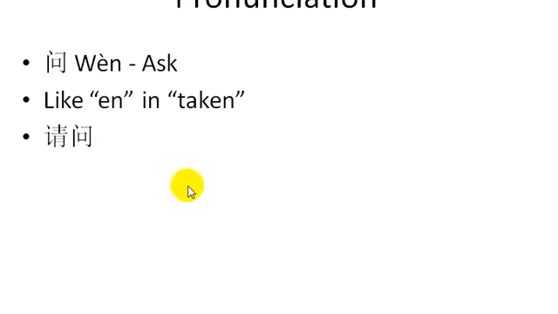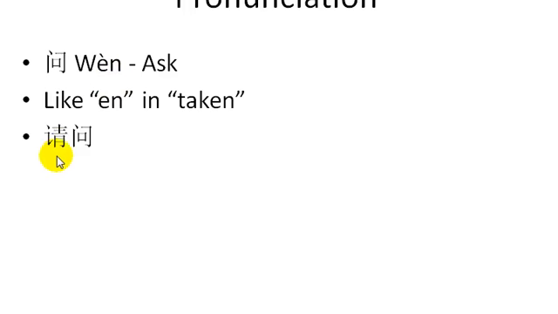Excellent. Next we have wen, which means ask. And so the W in pinyin sounds like our W, and this EN sounds like the N in taken. So we come up with wen. And this is a 4th tone word, so let's pronounce that. 4th tone is very quick and sudden. Wen, wen, wen. Excellent.